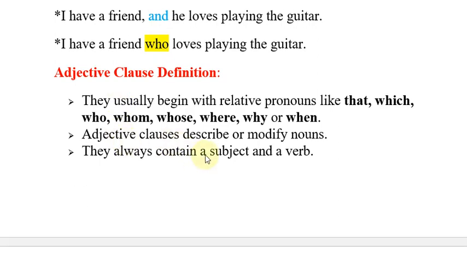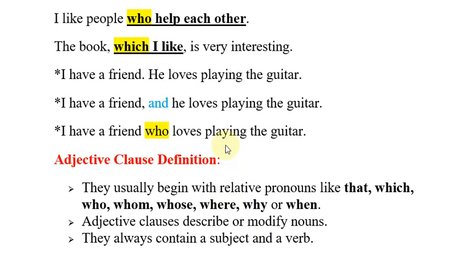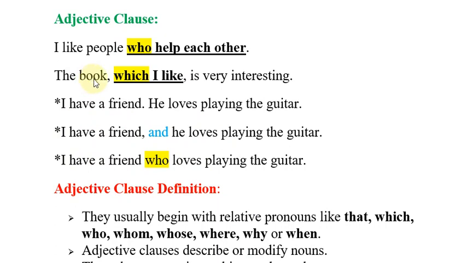They always contain a subject and a verb. However, we have some exceptions. Here, for example, you can see that the book, which I like, I is the subject, like is the verb. Here, I like people who help each other. In this section, we have help, which is a verb, but our subject is who.